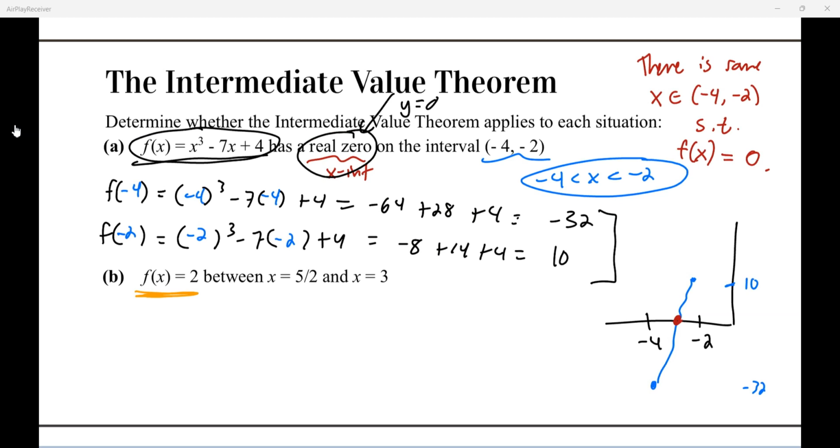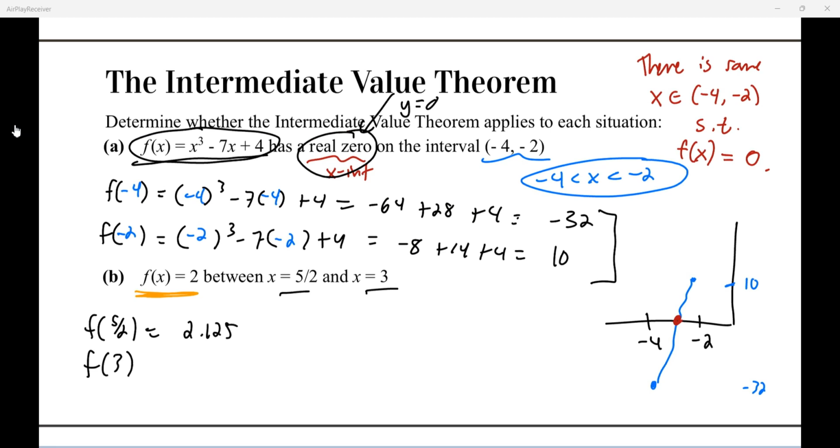So we'll still use the same function and plug in 5/2 and plug in 3, since we're looking at that interval, and see what we get for y values. If you plug in 5/2 into f and evaluate that, let's punch that into a calculator here. We get 5/2 cubed minus 7 times 5/2 plus 4, and that comes out to be 2.125.